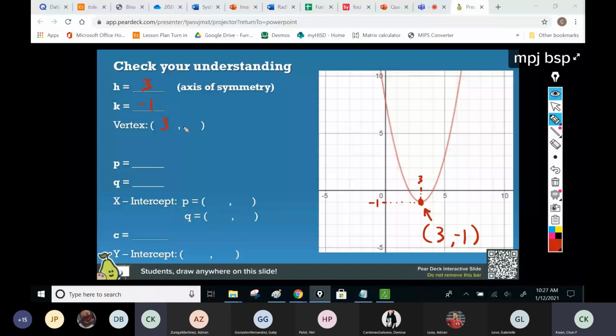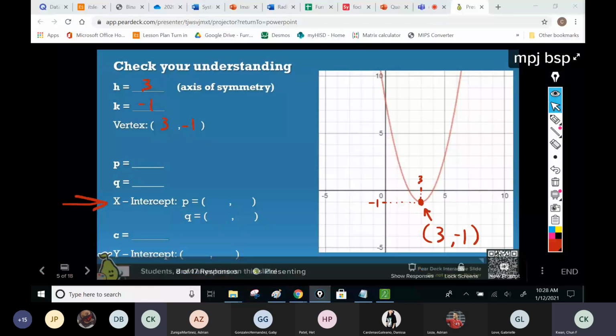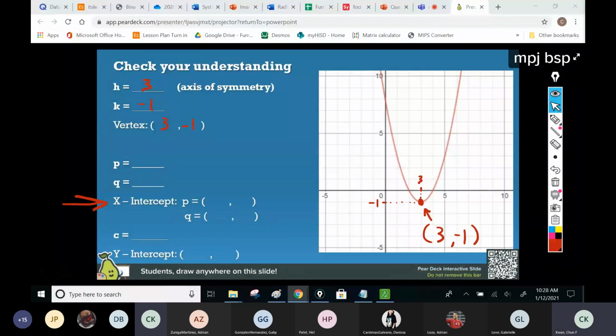All right, the next one, can you guys get me the x-intercept where it crosses the x-axis? There are 2 x-intercepts. All right, Nathan, you got it. Thank you. Javier, you got it as well. That's good. Gabby, I see you marked it correct.